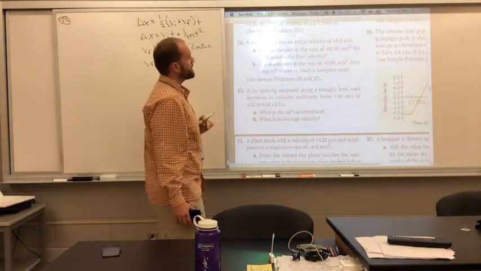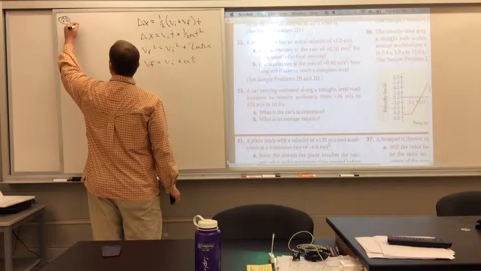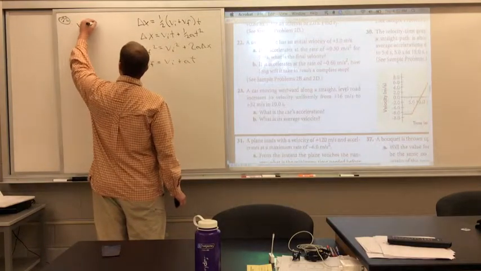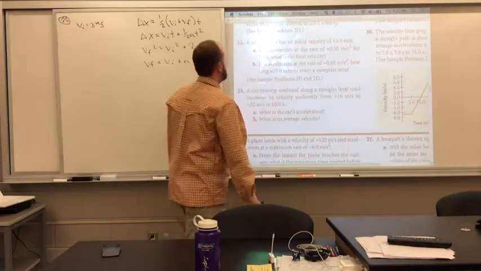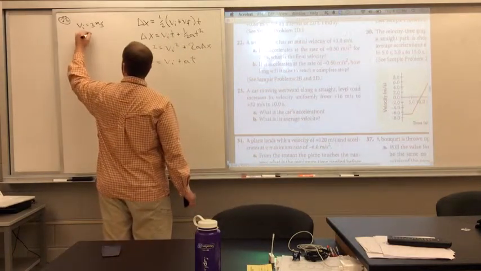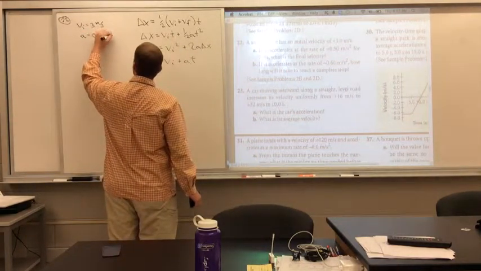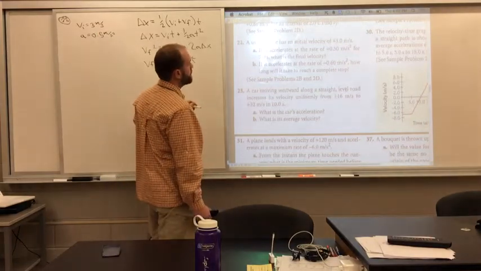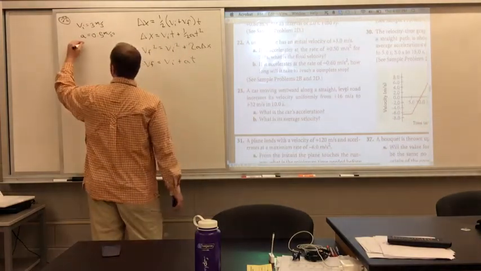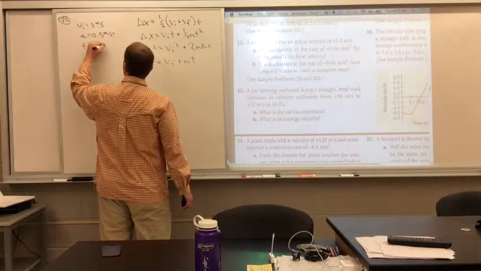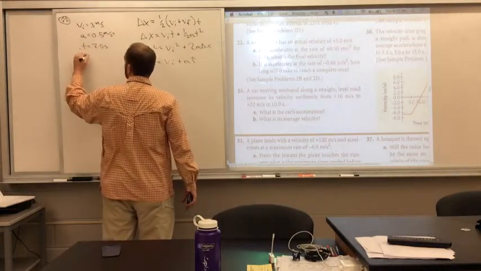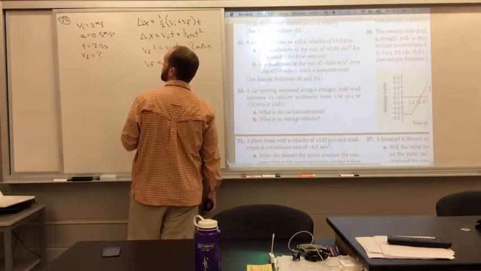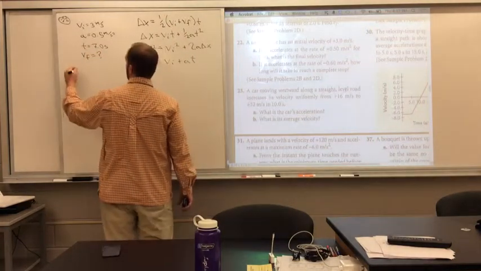A snowmobile has an initial velocity of 3 meters per second. If it accelerates at the rate of 0.5 meters per second squared for 7 seconds, what's its final velocity? Plugging everything in.